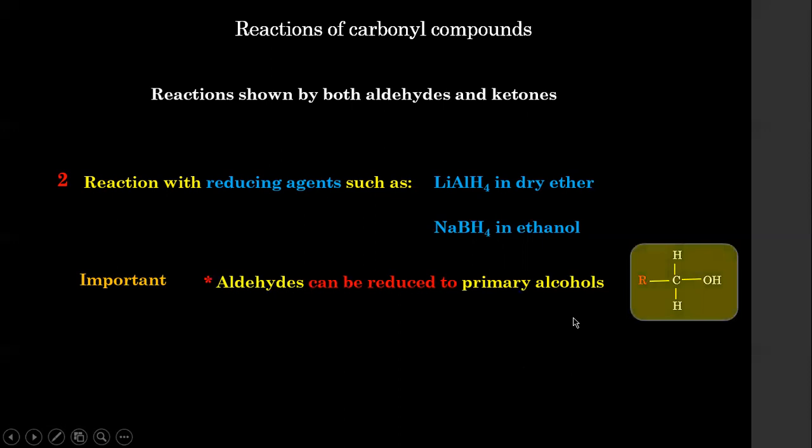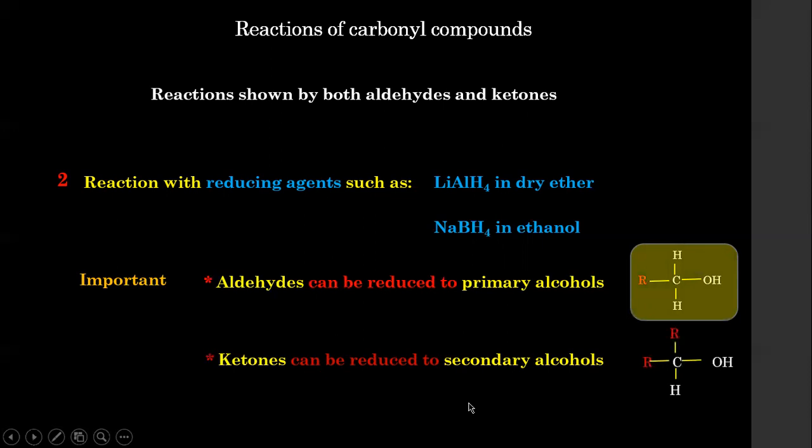Similarly, if you go to the reaction with ketones, ketones can be reduced to secondary alcohols. Don't forget, aldehydes produce primary alcohols, ketones produce secondary alcohols. I have given the structure of a secondary alcohol, where you can see OH is attached to a carbon, and this carbon is attached to two R groups, two alkyl groups.